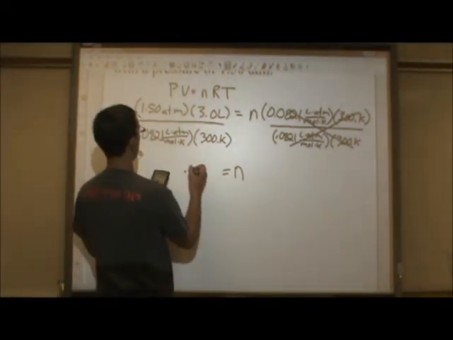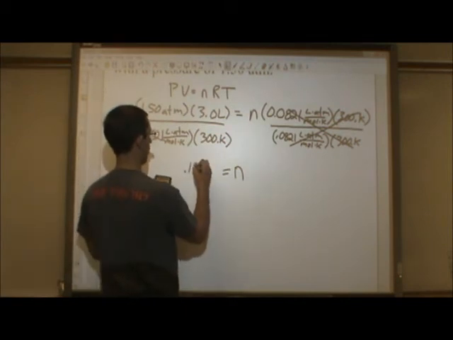Our n turns out to be, with 2 sig figs, 0.18.